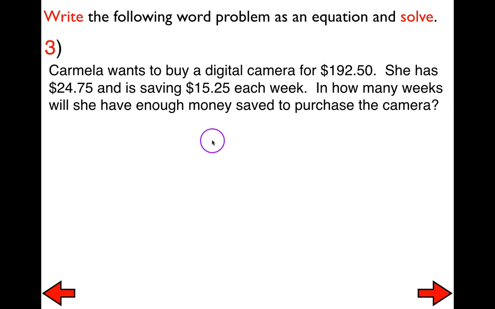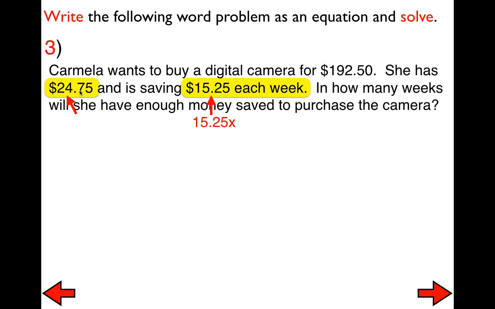So first things first, let's think about our coefficient. What's going to be multiplied every single time? Well, I think it's the $15.25 each week. This word each is giving me that hint that that's probably going to be my coefficient. So I'm going to write that as $15.25x. Well, what is our constant now? Well, she already has $24.75. That's not going to change.